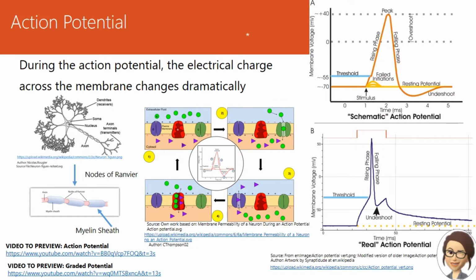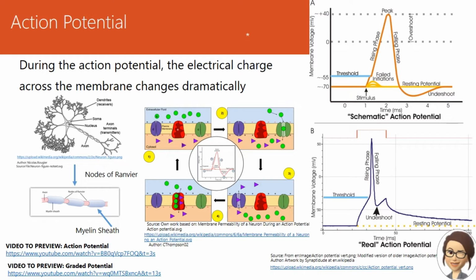The axon is segmented by a series of breaks between the sausage-like segments of the myelin sheaths. Each of these gaps is a node of Ranvier. So the electrical charge moves down the axon from segment to segment in a set of small jumps, moving from one node to another node.